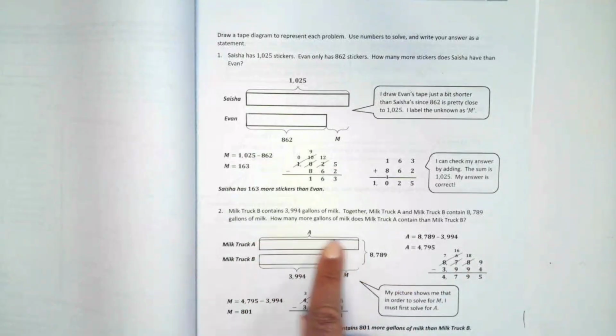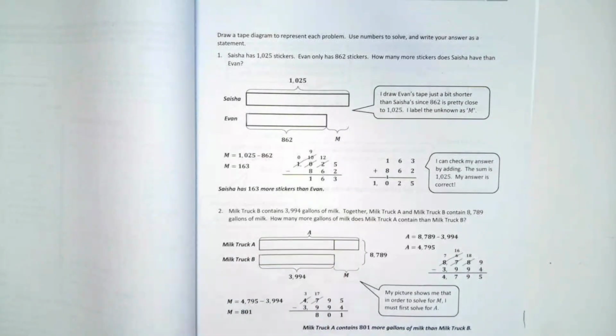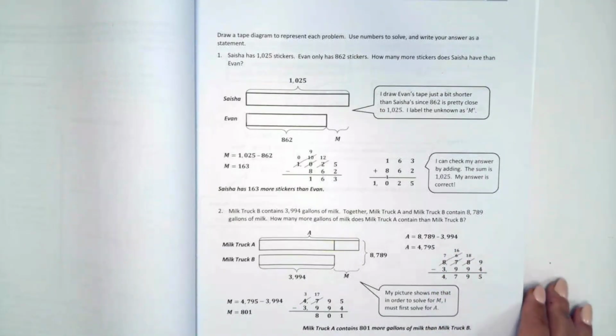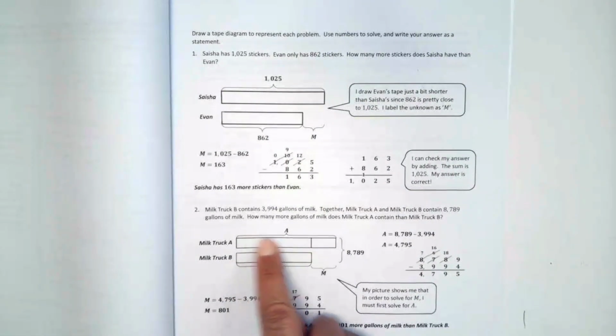Then they have to figure out how much milk truck A contains, and then how much more milk truck A contains than milk truck B. So there's a few steps here. You could see they did the subtraction algorithm to find out how much milk truck A has.